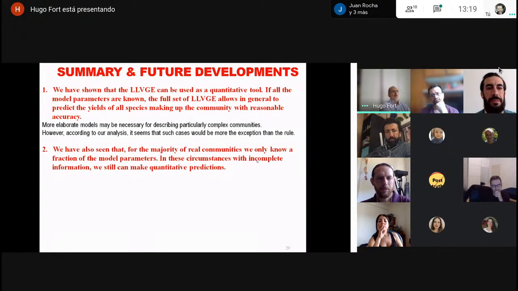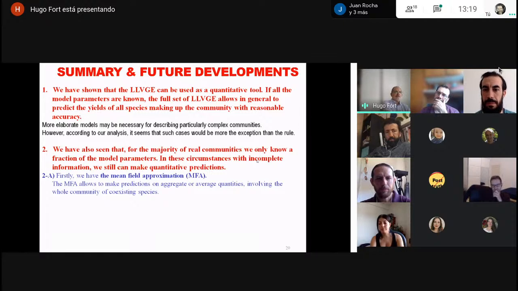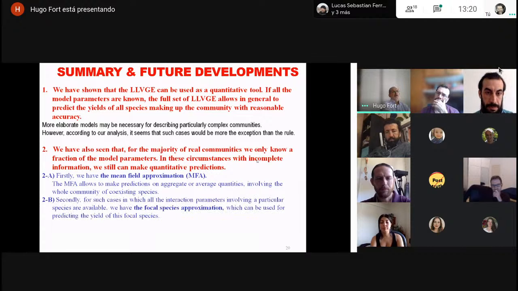Second, we have also seen that for the majority of real communities, we only know a fraction of the model parameters. In these circumstances, with incomplete information, we still can make quantitative predictions. Firstly, we have the mean field approximation, which allows to make predictions on aggregate or average quantities involving the whole community of coexisting species.